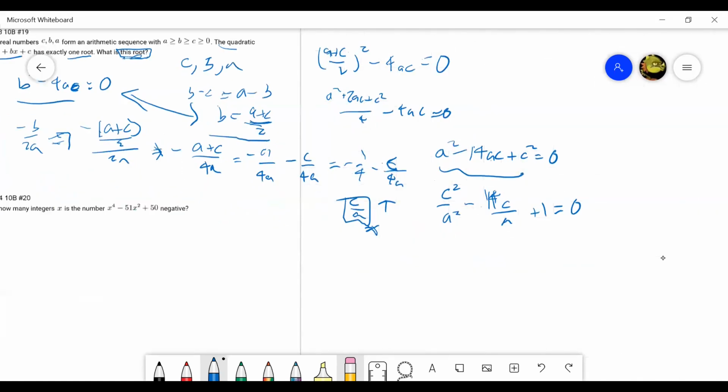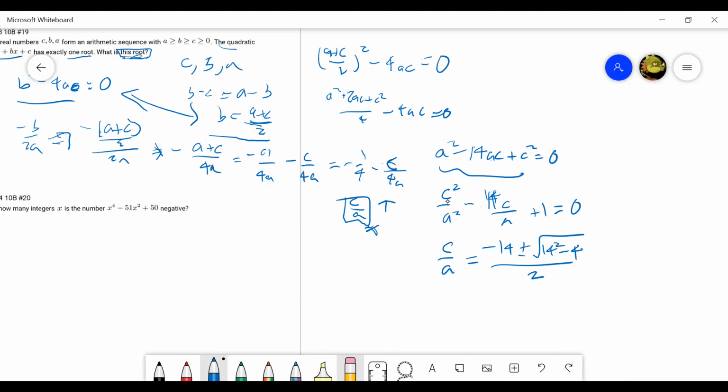So now the cool part is that this is just a quadratic with c over a as its variable. So you can just use the quadratic formula here, like so. I just want everyone to be able to see that the quadratic formula works with ratios of variables too.